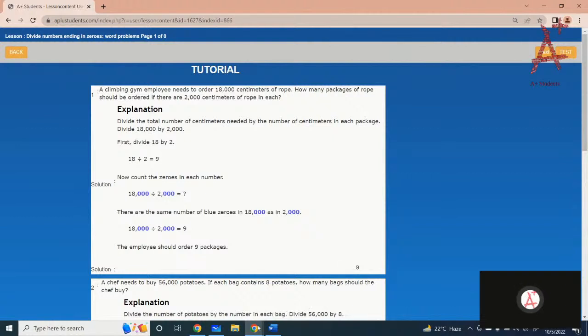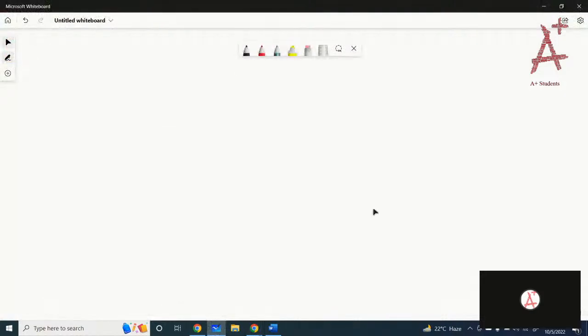So you have to divide 18,000 by 2,000. What you have to do? Just count the zeros in both the numbers. In 18,000 you have 3 zeros, and in 2,000 you have again 3 zeros. So when they have the same number of zeros, you are left with no more zeros because they cancel out.